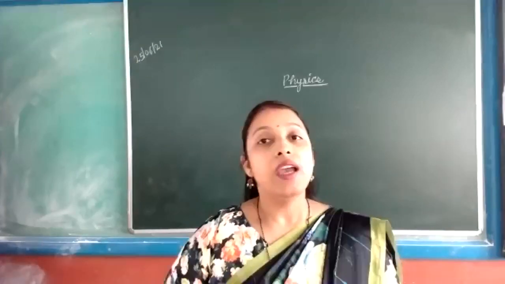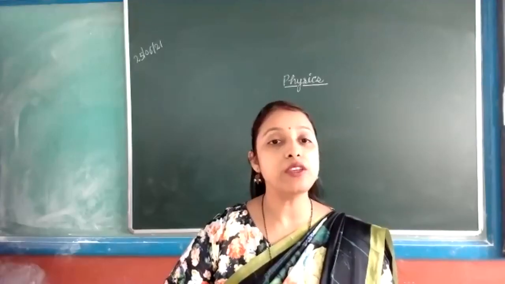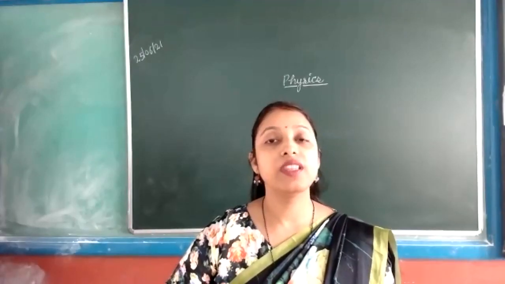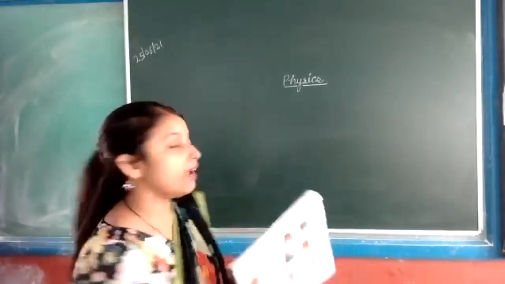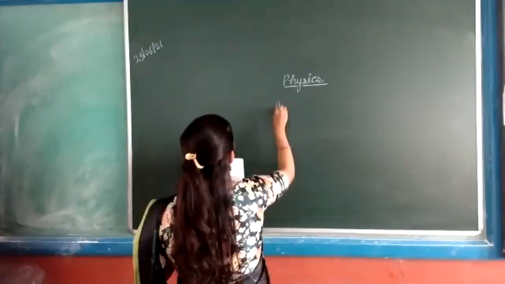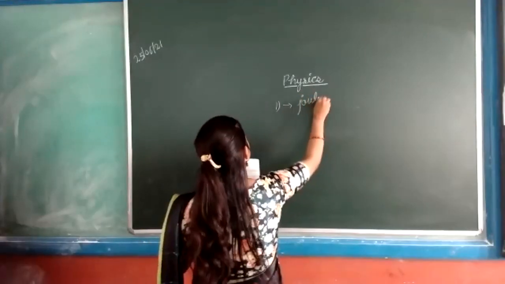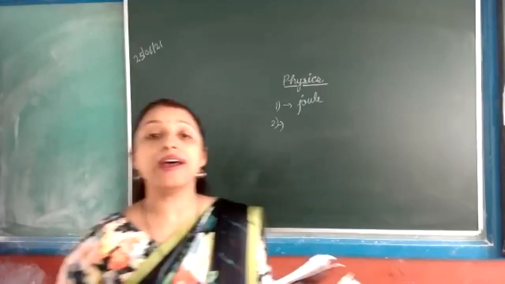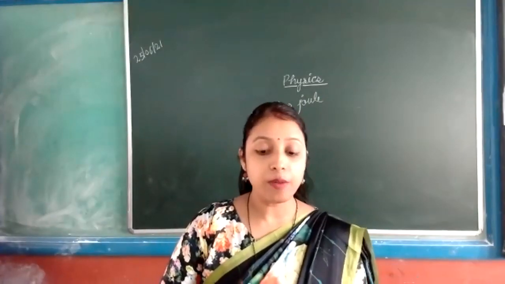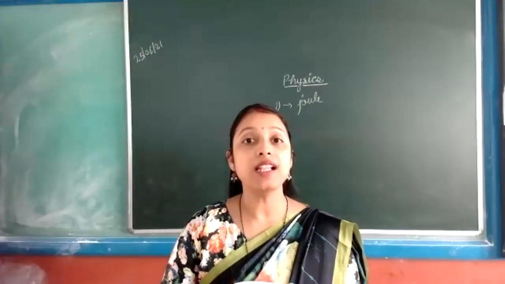See, in filling the blanks, the first question is the SI unit of energy. The SI unit of energy is joule. So you will write in the first one, joule. Second one, the stretched rubber band of a catapult possesses elastic potential energy.